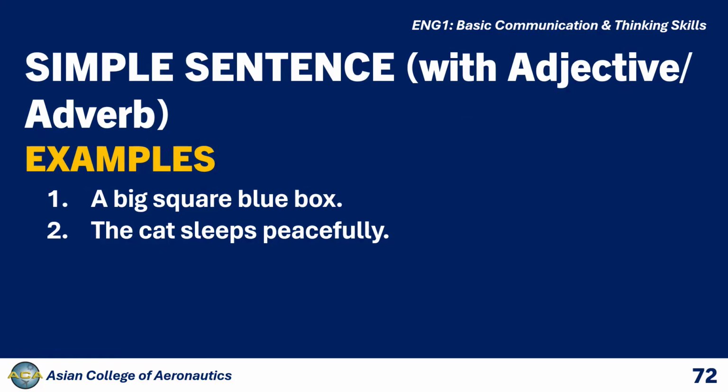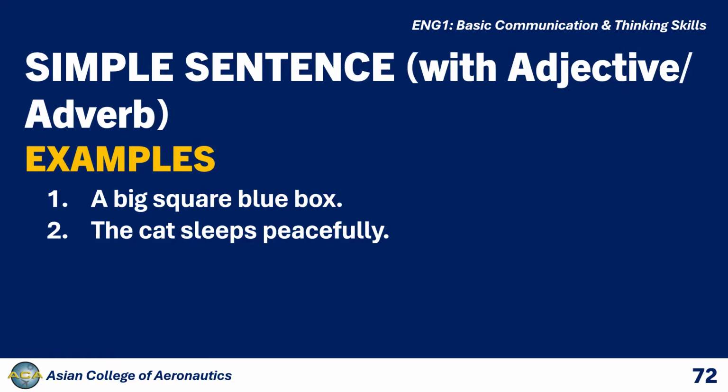Now, to describe that box, we have these adjectives: big, square, blue. Okay, so big, square, blue would be our adjectives because we describe the subject or the noun, which is the box.